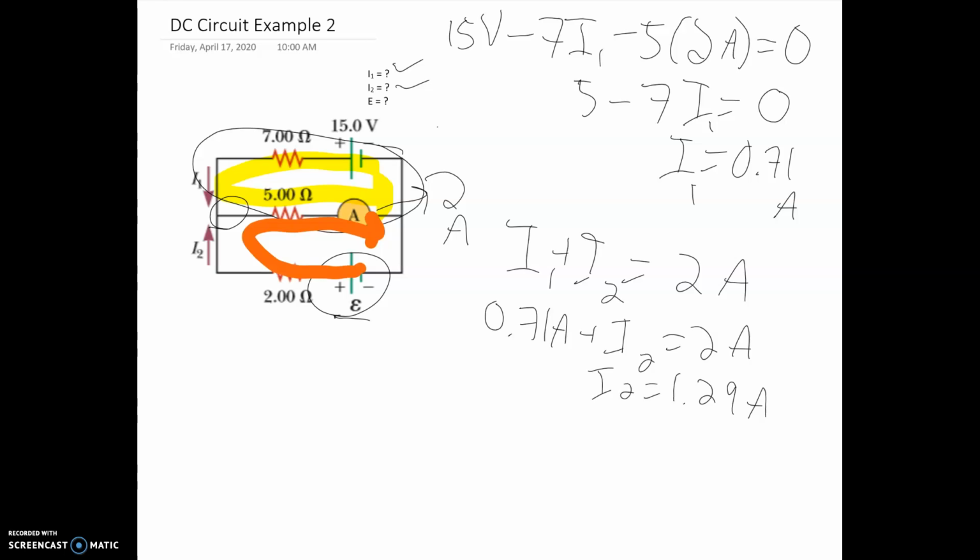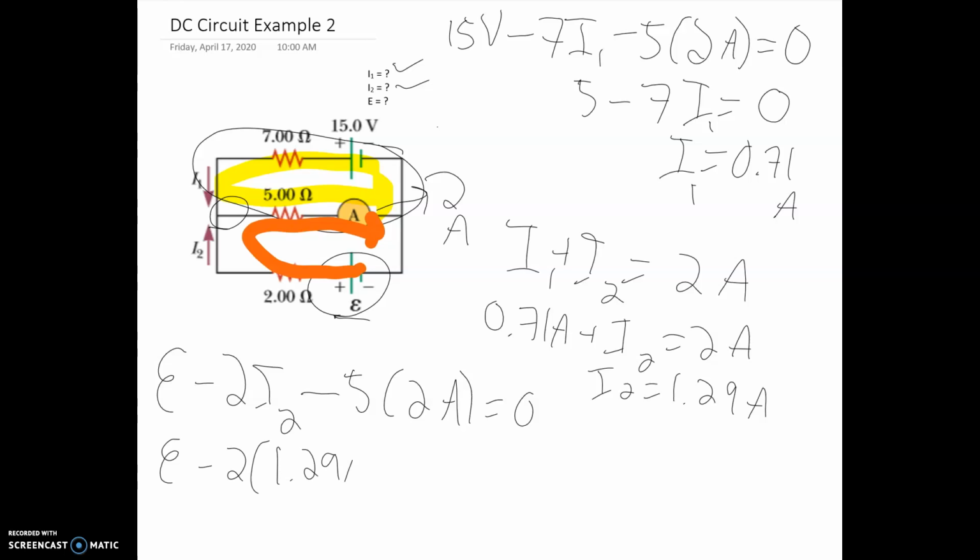So I'm going to have E minus 2 I2 minus 5 times 2 amps, I already know that, equals 0. Actually, I already know what I2 is, so it's going to be E minus 2 times 1.29 amps minus 5 times 2 amps equals 0.